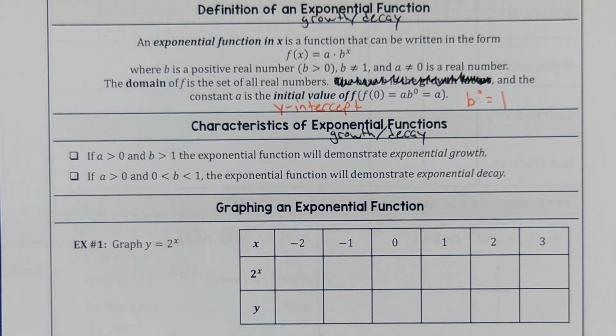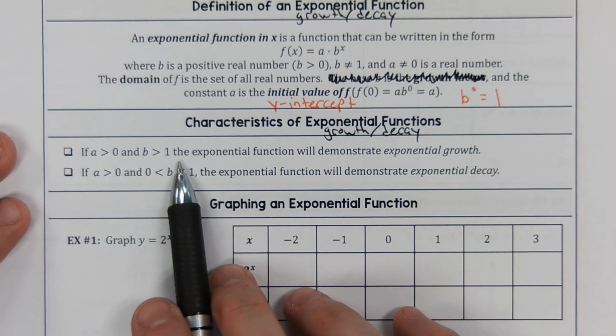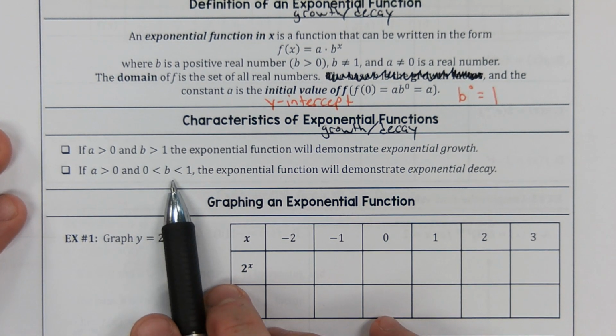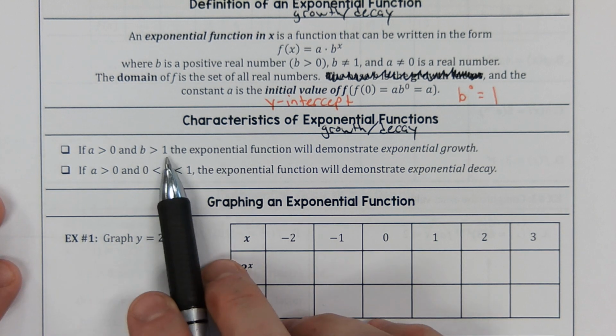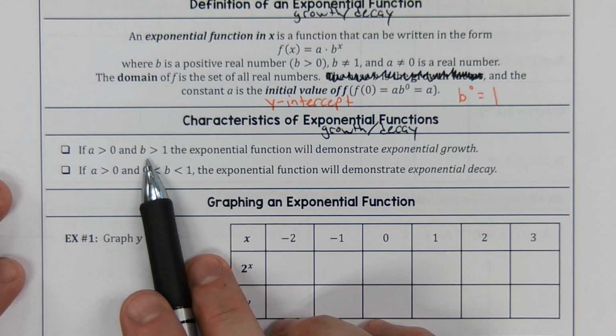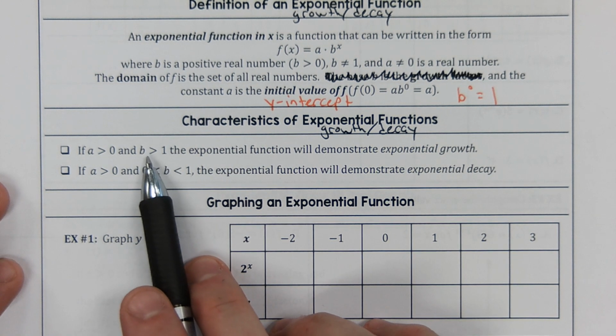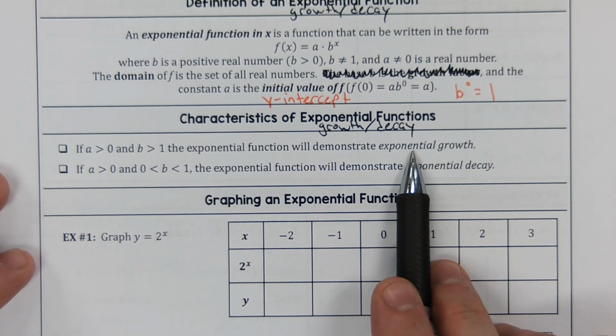But b can take on one of two different situations. B is either a number larger than 1, or it's a number between 0 and 1. Remember, b has to be positive. So if b is larger than 1, you are multiplying by a number bigger than 1 over and over and over again, which is exponential growth.